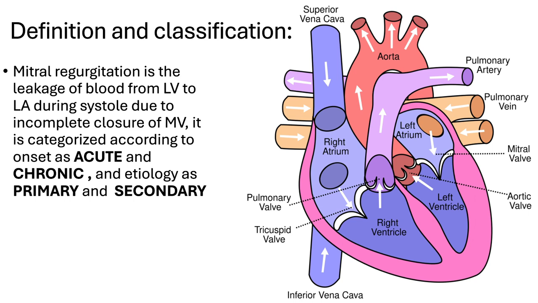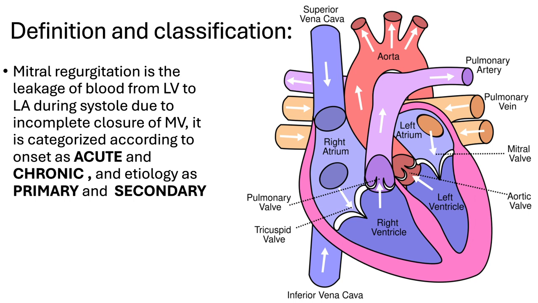It passes from the left atrium into the left ventricle through the mitral valve, and after that it goes into the aorta through the aortic valve, and it goes into the other organs and tissues in the body to give them nutrients and the oxygen they need.